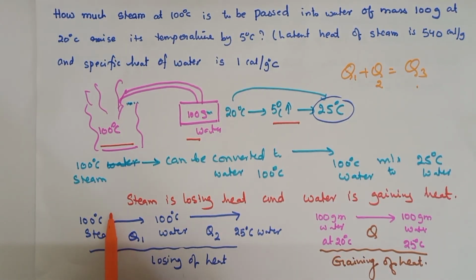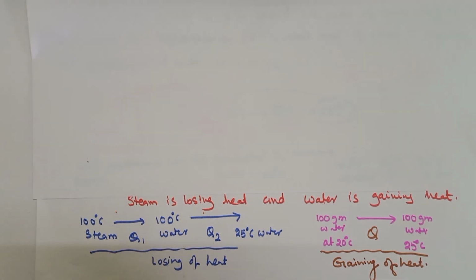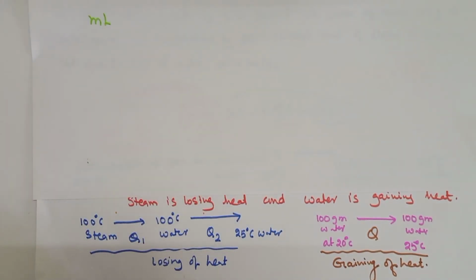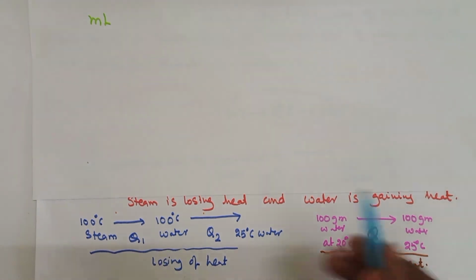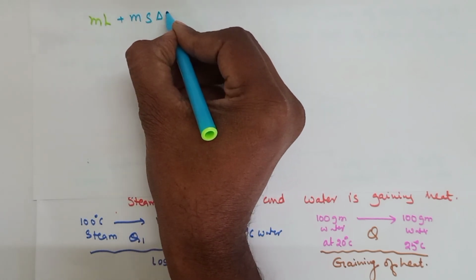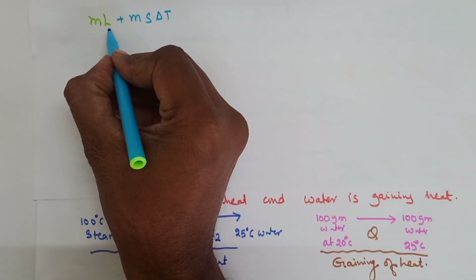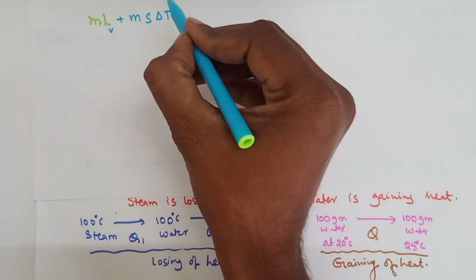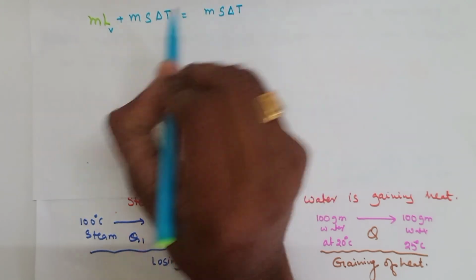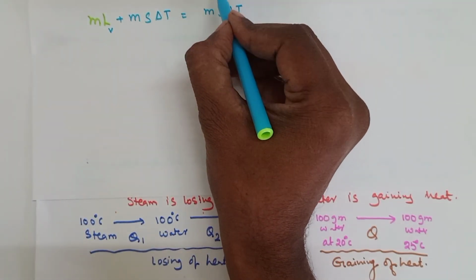So this is latent heat, this is specific heat. So ML plus MS delta T. What is this? Latent heat of vaporization is equal to MS delta T. This is for water.